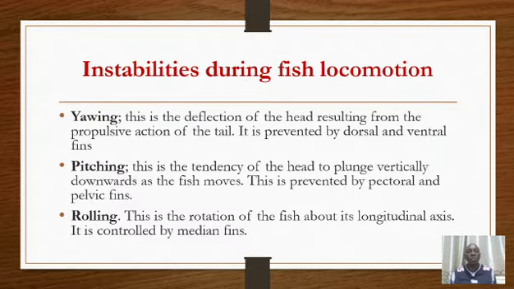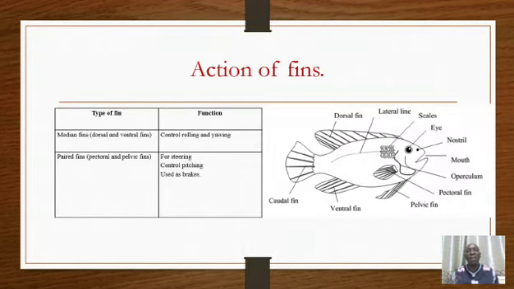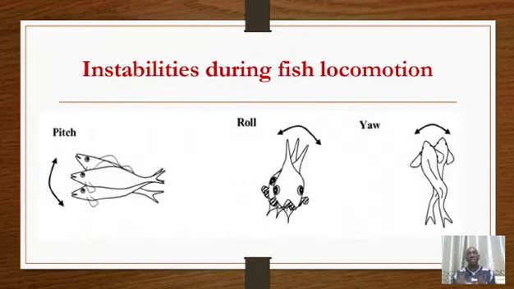However, rolling is controlled by the median fins. The median fins, remember we said median fins, those are the dorsal and ventral. Meaning the median, the dorsal and ventral, control both yawing and rolling. While the paired, the pectoral and pelvic, those ones control pitching. Just like we are seeing in those images there, where we have those three instabilities.